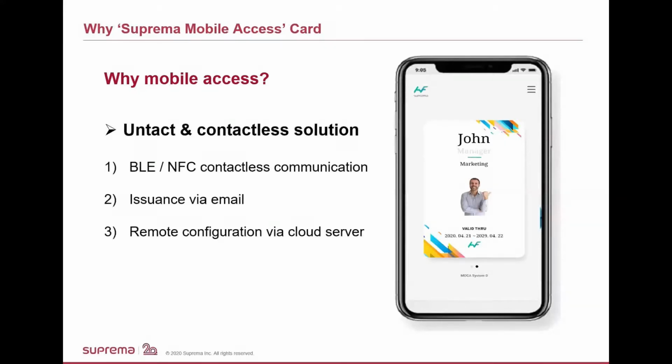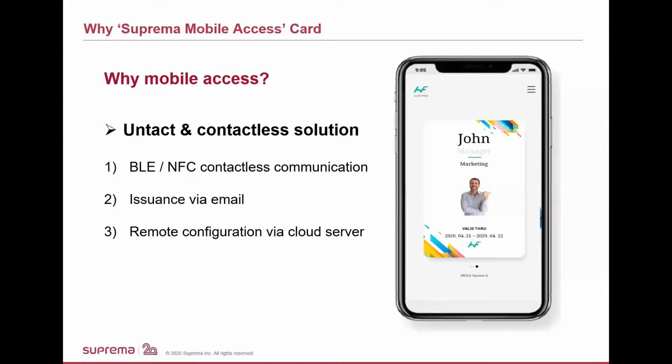Due to the coronavirus situation these days, people are worrying about touching things. And in some other parts of the world where the population is decreasing, untact solutions to make an unmanned system are a big issue. I guess mobile access card solution can help in both cases.